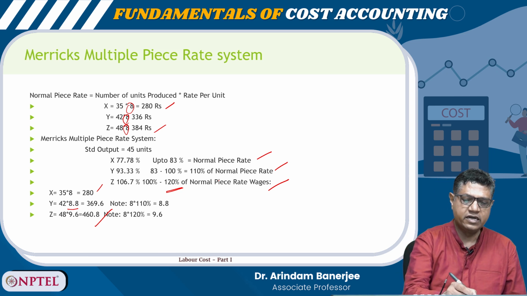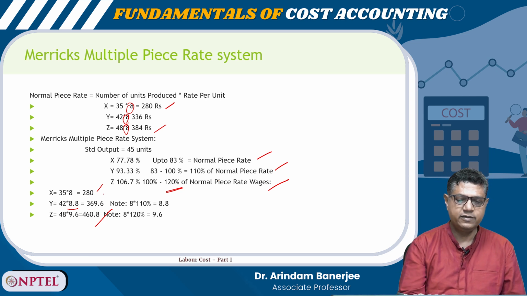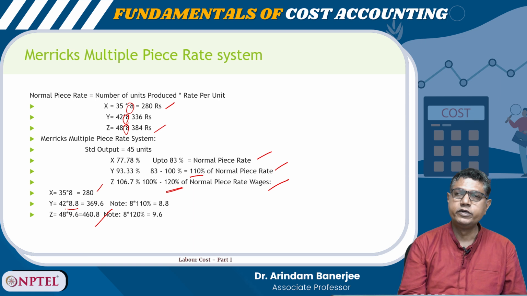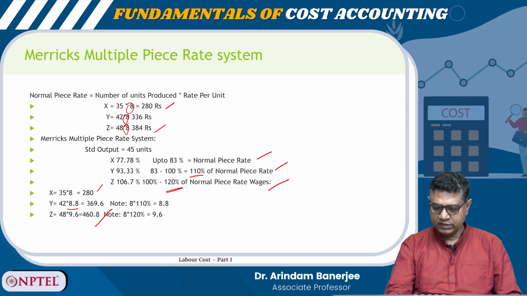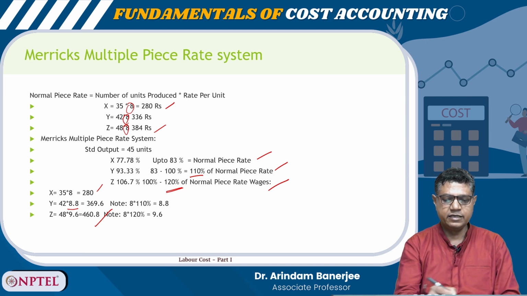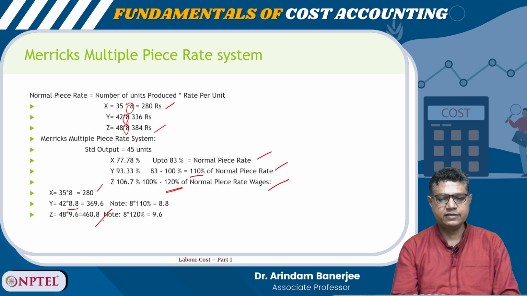So, they can get 35 into 8, that is 280. For Y they can get 10% more, that is 110%. So, 42 into 8.8, that is 369.6 rupees, and for Z they can take 48 into 9.6, that is 20% more than the normal rate, that is 460.8 rupees, right.